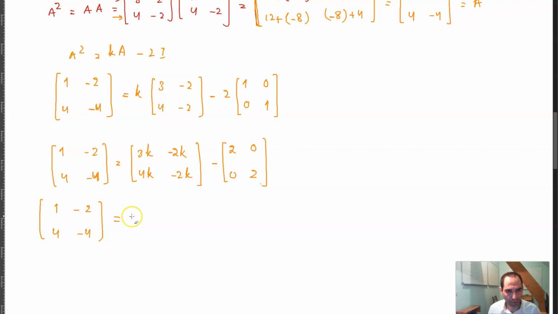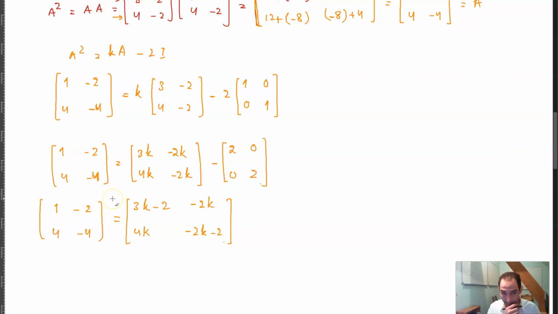And here I have basically 3K minus 2, negative 2K, 4K, and negative 2K minus 2. And now I can find K from any of these equations.